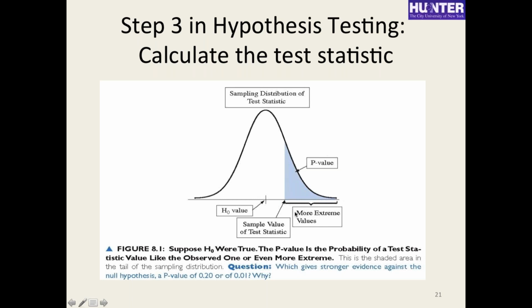So we would have a 16% chance of being wrong if we reject the null hypothesis that they came from the same population. If we were 2 standard deviations apart, then we would only have a 2.5% chance of being wrong. The further out you go, the less chance that your sample came from this population.